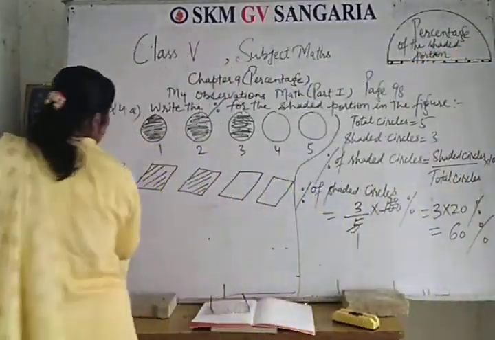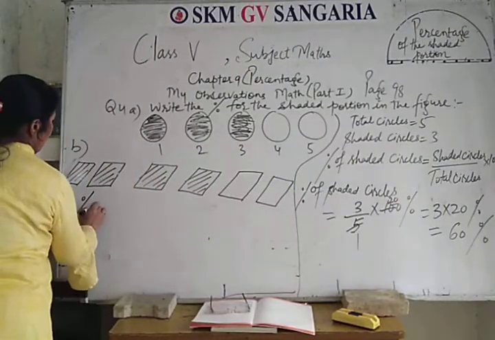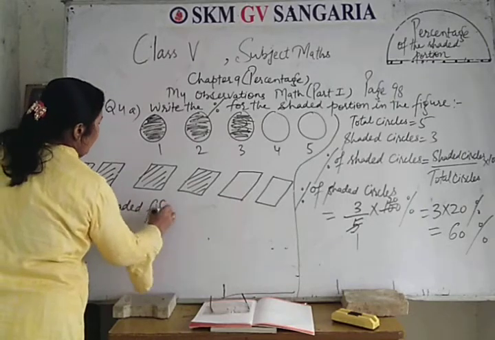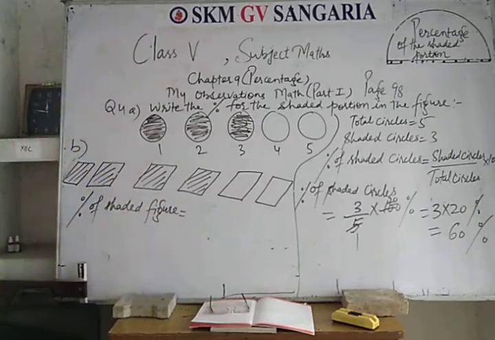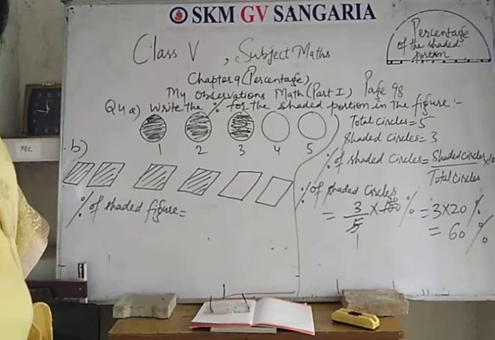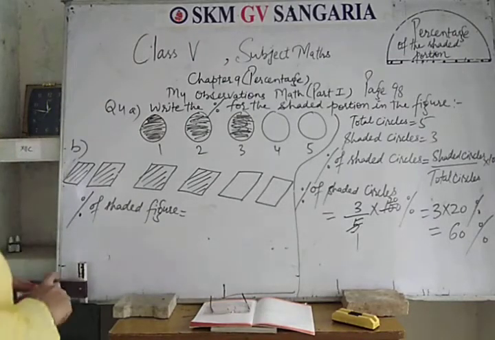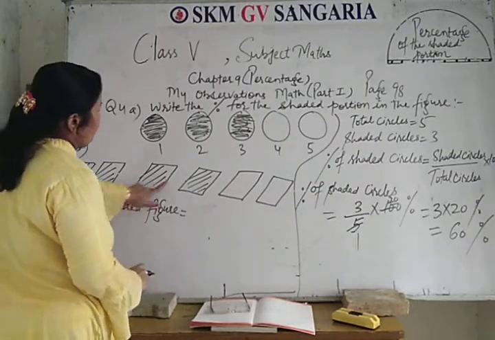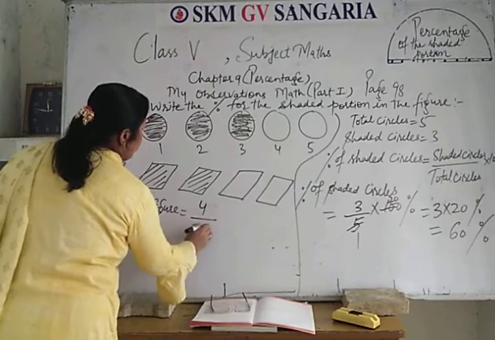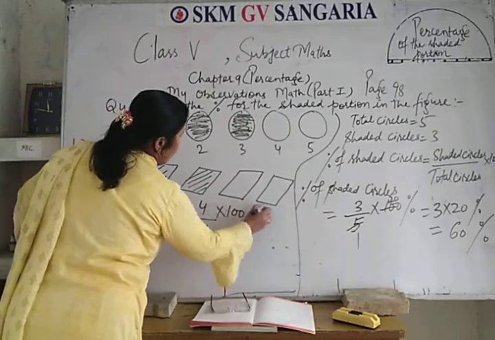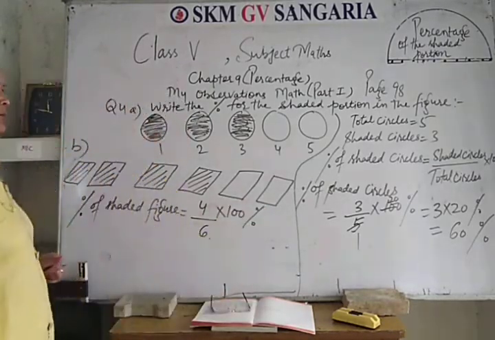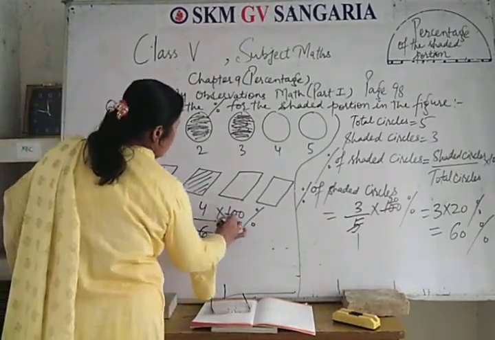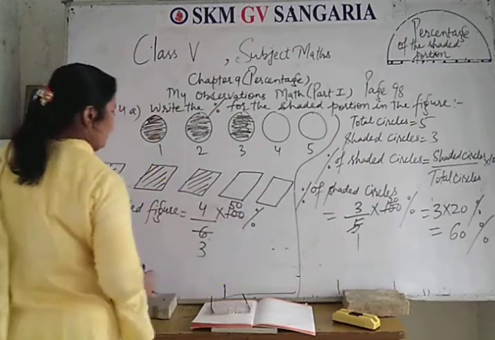So, percentage of shaded figure is equal to shaded, 4, total 6, into 100 percent. Then simplify with the table of 2: 2 threes are 6, 2 fifties are 100.